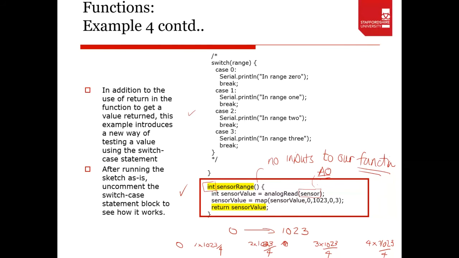So the range is that range 0. This is going to be range 1. This is going to be range 2. And this is going to be range 3. Does that make sense? Just because I haven't done the actual maths.